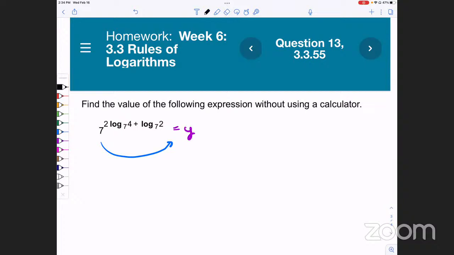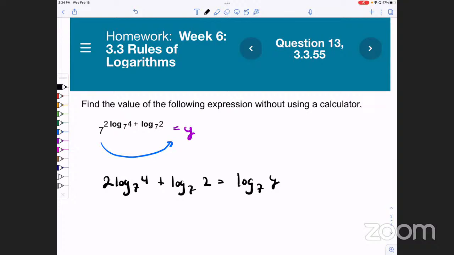So we get 2 log base 7 of 4 plus log base 7 of 2 equals log base 7 of y.